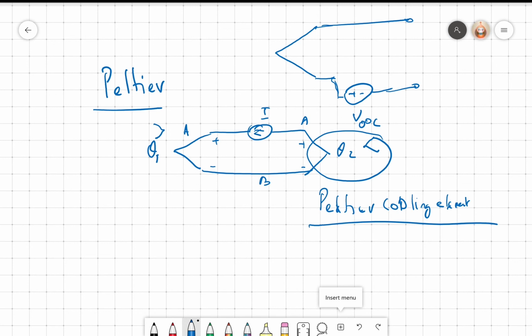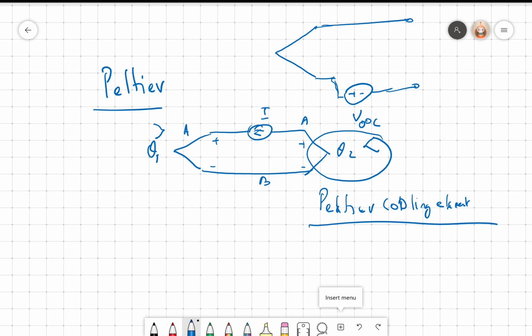And this is one way of cooling electronic circuits. So some IC manufacturers make this Peltier cooling element part and parcel of the IC to cool the integrated circuit, and we use this all the time.